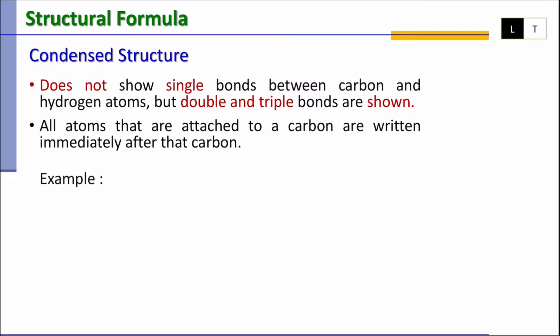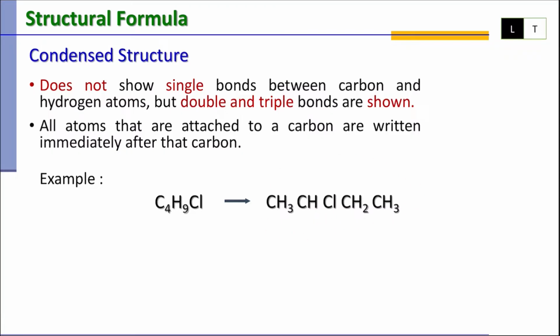Let's say saya ada example C4H9Cl. So macam mana saya nak open the structure? Saya tahu C4H9Cl adalah contoh saya punya molecular formula. I can write my condensed structure like this one, where all carbon dia attach kepada hydrogen untuk dapatkan condensed structure like this one.